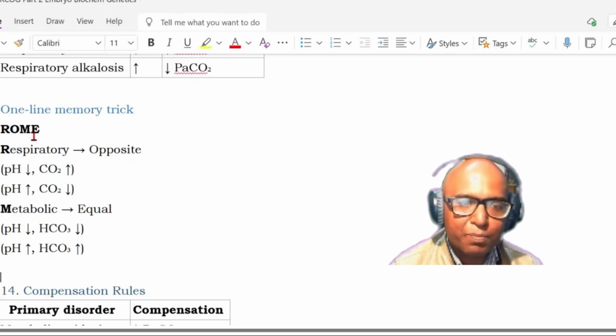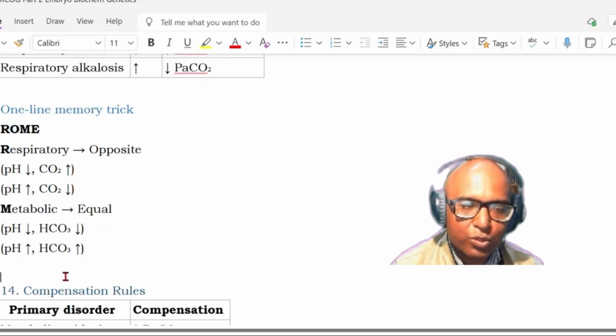So respiratory acidosis, respiratory alkalosis, arrows will go in the opposite direction. Now metabolic is equal: pH is reduced, bicarb will also be reduced; pH is increased, bicarb will also increase.